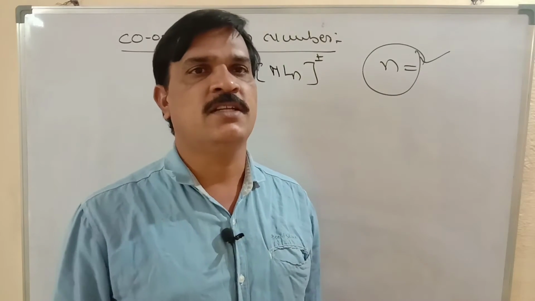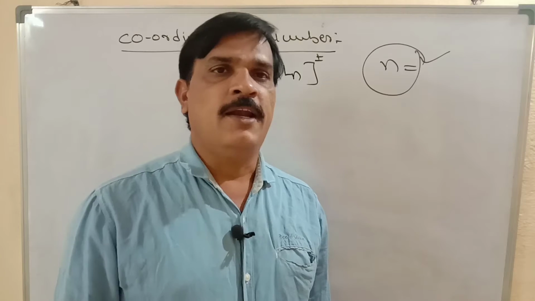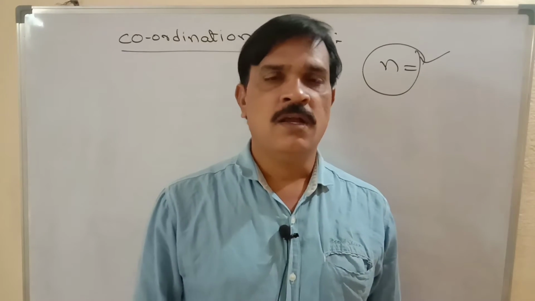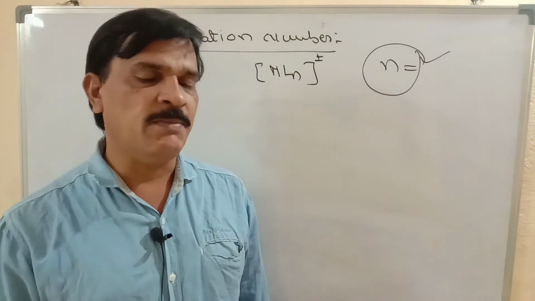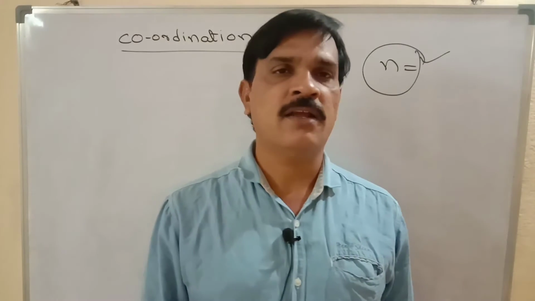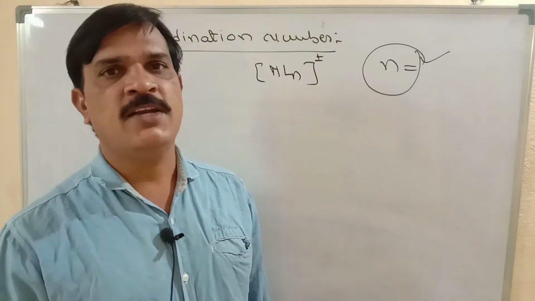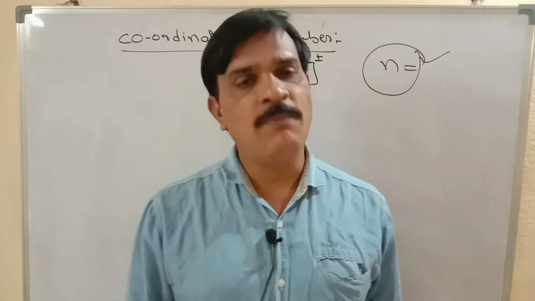What is coordination number? The number of ligands around the central metal atom. Either ions or atoms around the central metal atom which form coordinate covalent bonds, mainly sigma bonds.